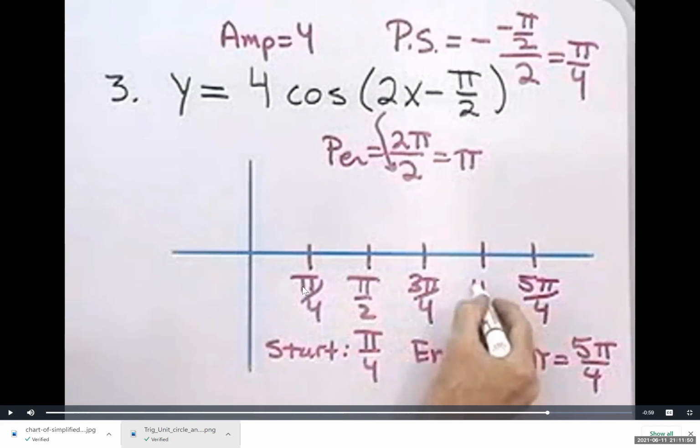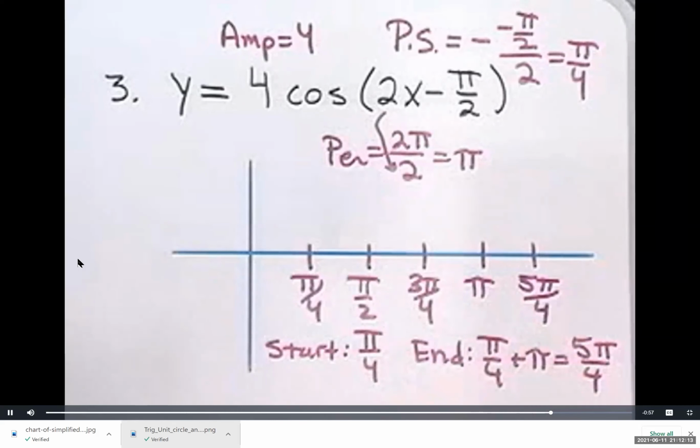Or you can take pi over 4 plus 3 pi over 4, then divide by 2. Same as to get the point in here, you take 3 pi over 4 plus 5 pi over 4, you get 8 pi over 4. 8 pi over 4, you divide by 2, you get the solution for this middle point, 4 pi over 4, which is pi, and then 5 pi over 4.